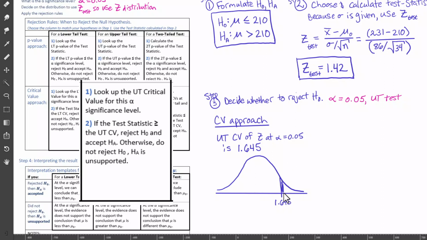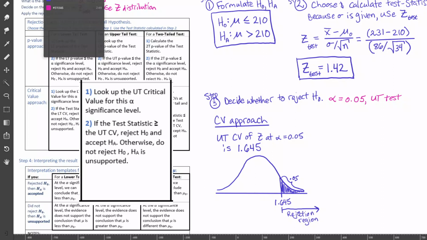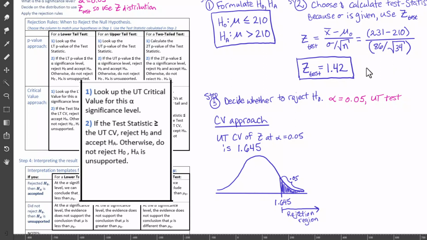The boundary of that rejection region is the critical value 1.645. It is the value of Z that has 0.05 probability to the right. 1.645 is the lowest your test statistic could be that you would still reject the null hypothesis. That's why the range of Z's to the right of 1.645 constitute the rejection region.